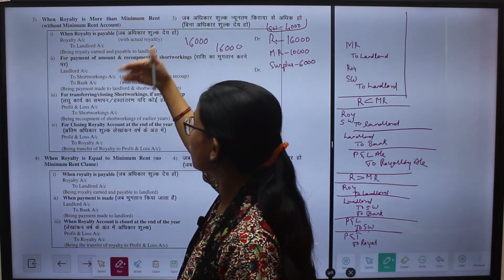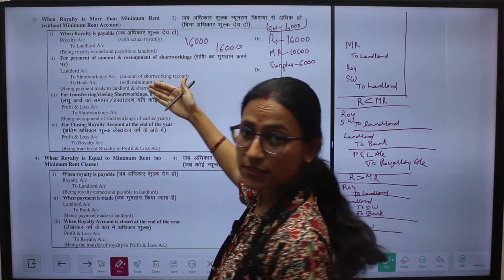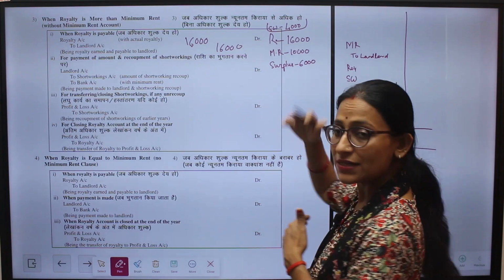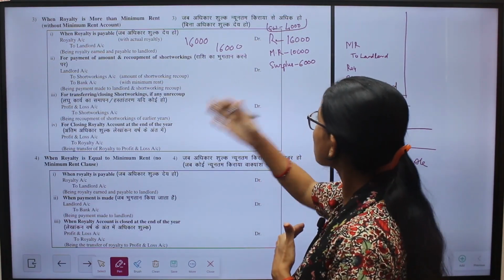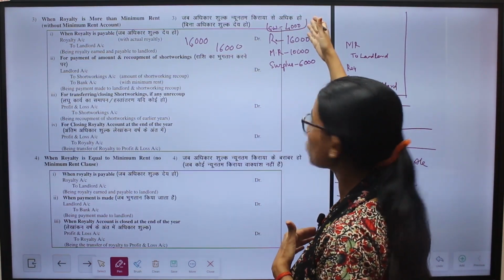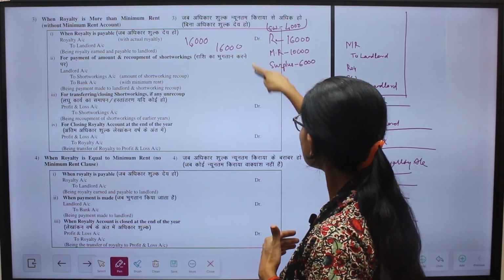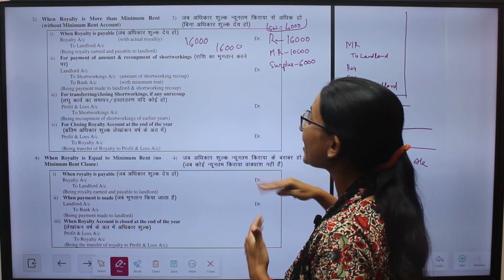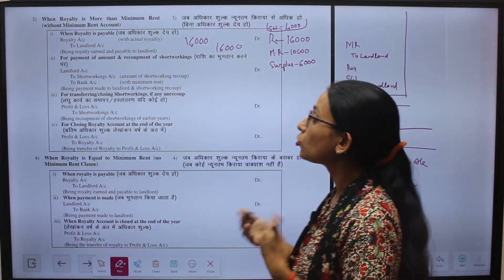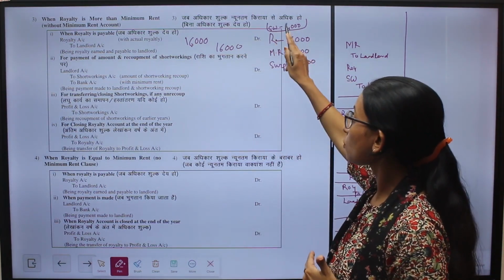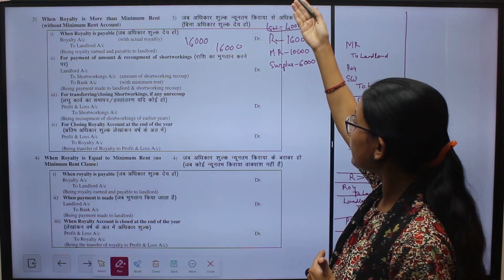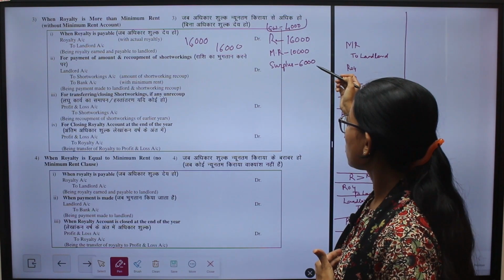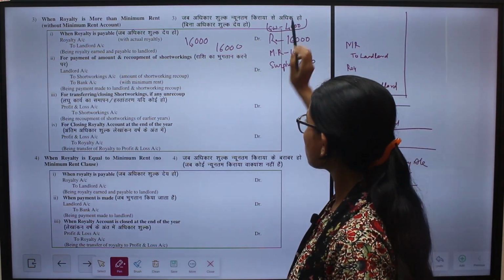After the royalty is payable, there is a situation of recoupment because there is a surplus amount. In the previous journal entry, there was a short working of rupees 4,000, and here in these figures we got a surplus of 6,000. So we have the opportunity to recoup the rupees 4,000 which was incurred in the previous entry, because now there is a surplus of 6,000. So we will recoup the 4,000 rupees.